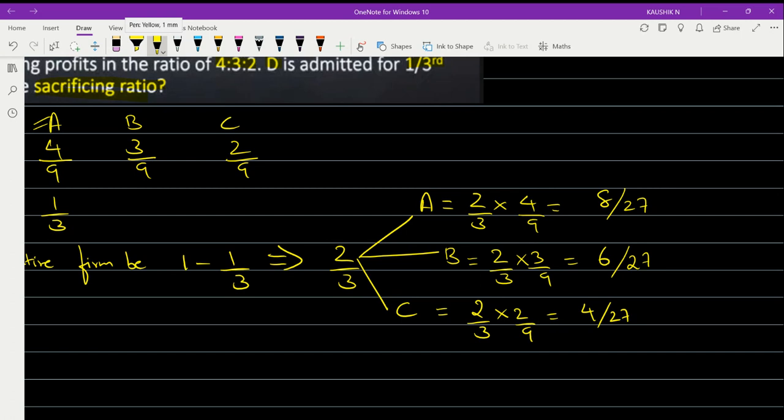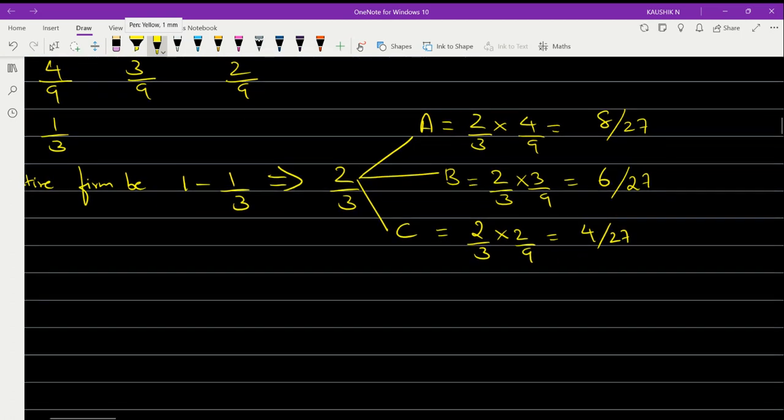So now we have got 8, 6, and 4. But see, for all the partners we have got the base as 27, but for D alone it is 1 by 3. So convert this 3 also to the base 27 by multiplying the numerator and denominator by 9. That gives you 9 by 27.